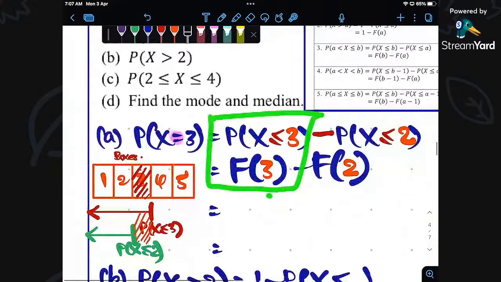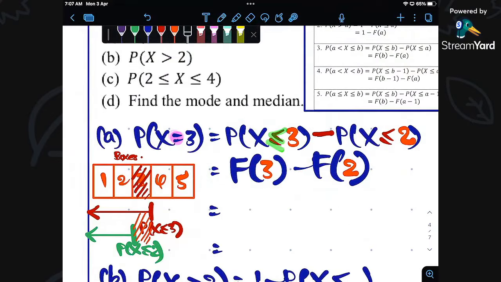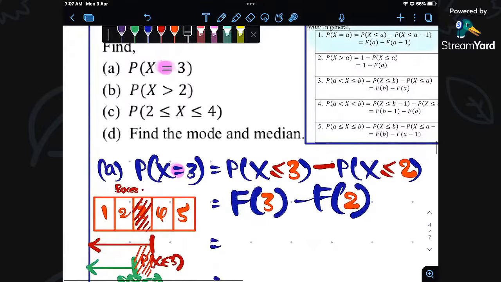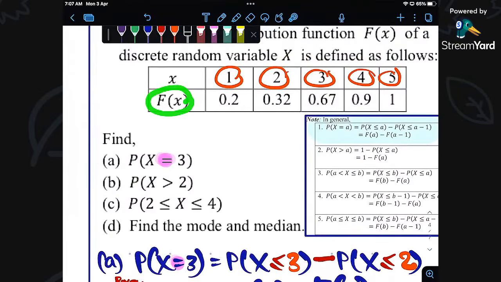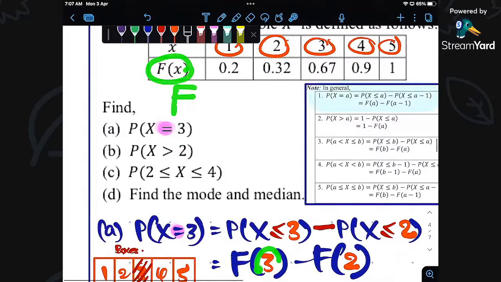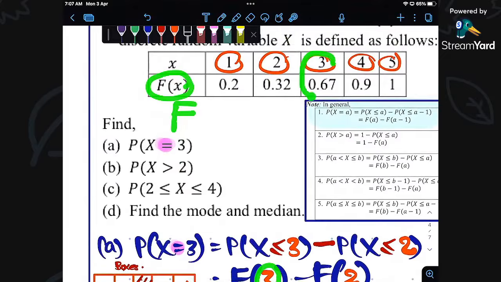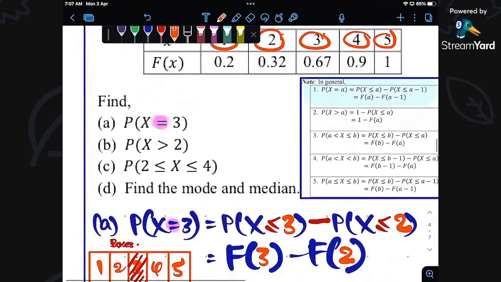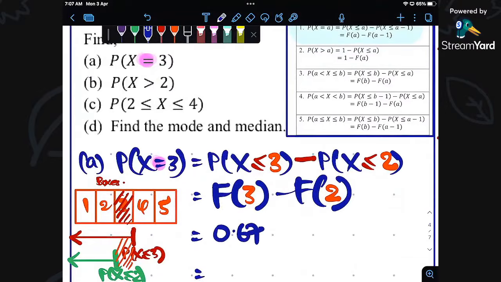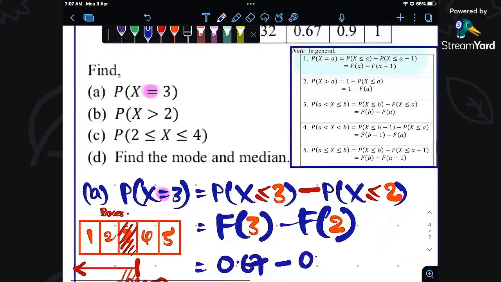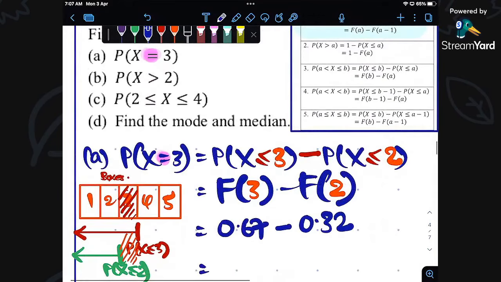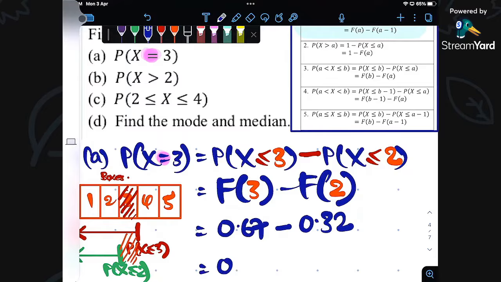Just don't forget the symbol there, which is less than or equal to. Basically, in the table, you already have the big letter F. So you know you have to find F3 and F2. F3 is 0.67, so you write down 0.67 minus F2, which is 0.32. Therefore, your answer is 0.35, isn't it? 0.35. Write it down there. Hang on just a minute.